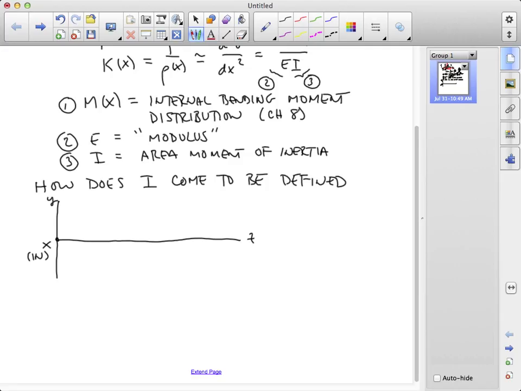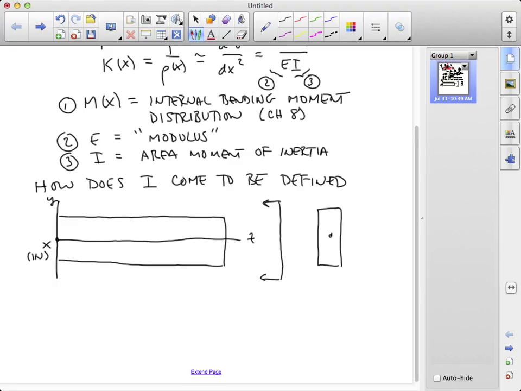I'm going to suppose I have a beam that's going to have just a rectangular cross-section. And if we look at it from this end, our z-axis now is going to be coming out, and we'll have a beam that has a span, which we're going to call little b, and a height, little h.